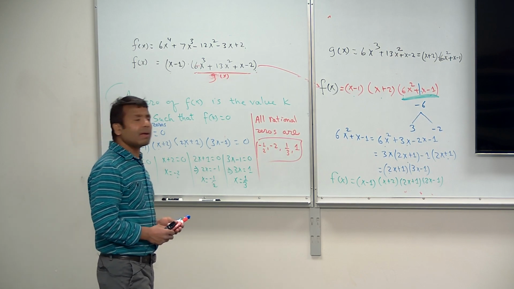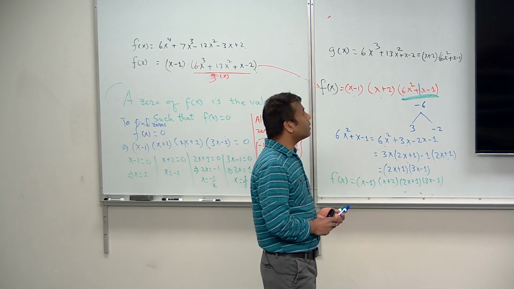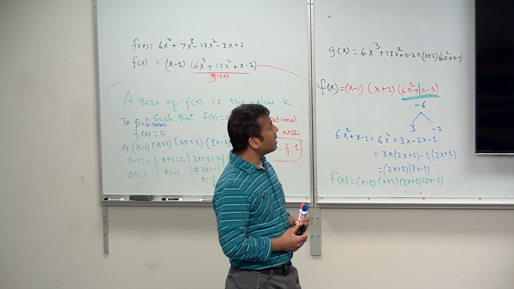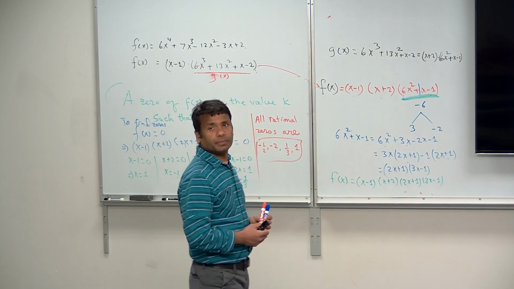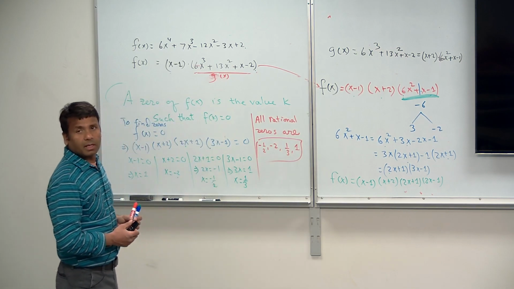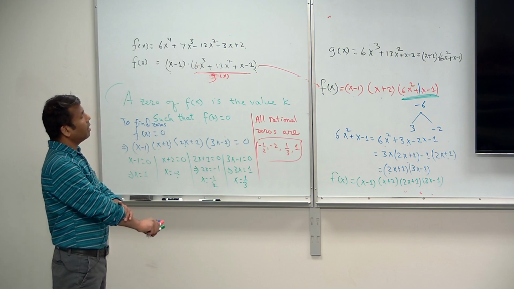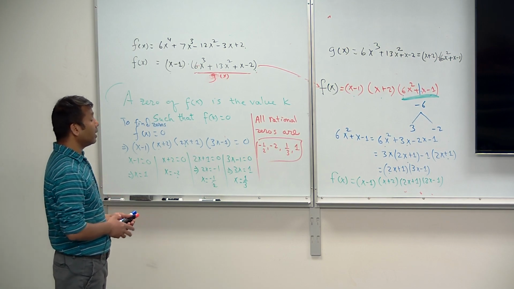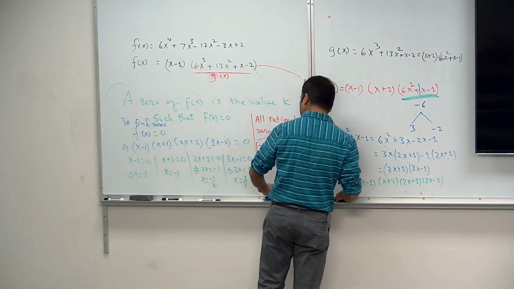So this is the fundamental theorem of algebra: every function defined by a polynomial of degree 1 or more has at least one complex zero.